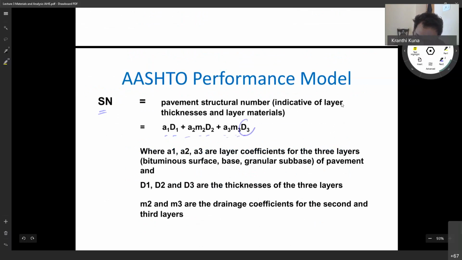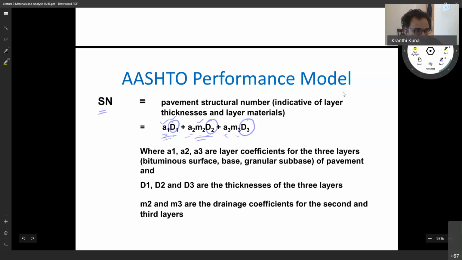The D's are the thicknesses of the pavement layers, and the A's are coefficients depending on what type of material you are using. M1, M2 are drainage coefficients. If the material has good draining properties, the M value will be higher; if it has poor draining properties, the M value will be less. Similarly, if the material is stronger, the A values will be high; if weaker, the A values will be low.